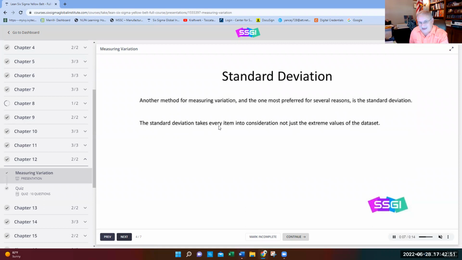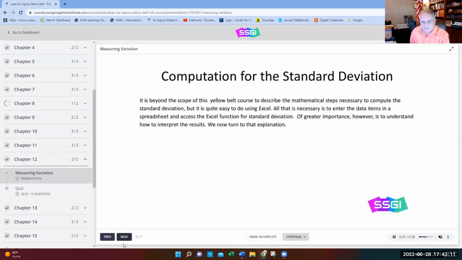Standard deviation takes every item into consideration, not just the extreme values. So when you had that range, you got the upper and lower control. Standard deviation takes all the data, everything that went outside of that range, everything that was within the control, and it gets you a much cleaner idea of what that looks like.